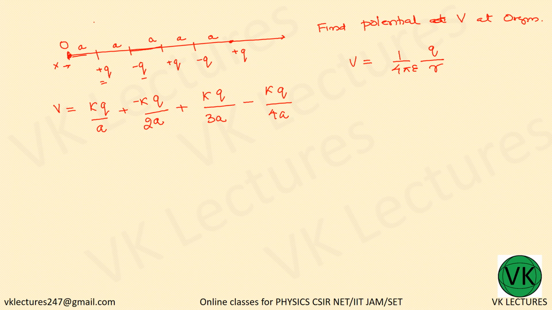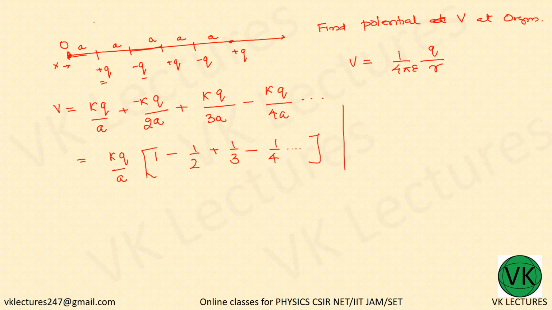Fine. Now this will continue. Now this is equal to, you can take out the common things, kq by a. If you take it out, it becomes 1 minus 1 by 2 plus 1 by 3 minus 1 by 4, etc. Right.